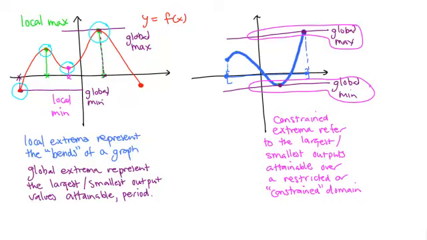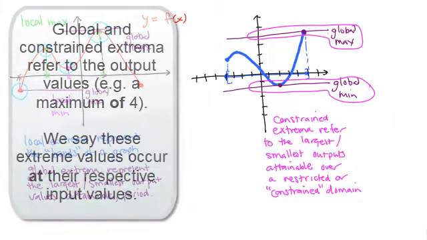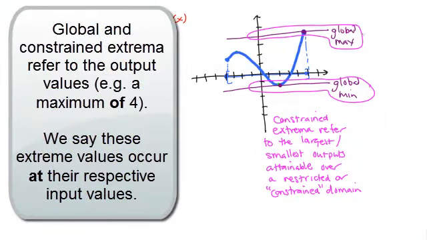So if, for example, we were to include some tick marks on this graph, then we would say that this function has a global maximum of 4, since the output value is 4, and it occurs at x equals 5.